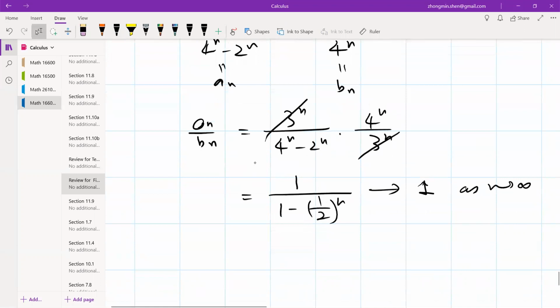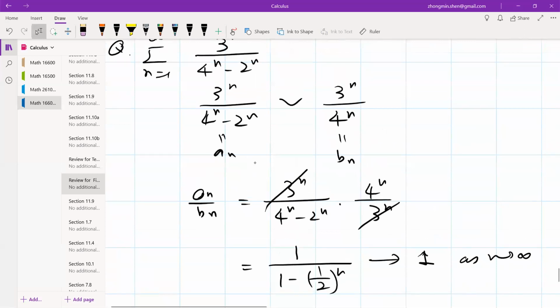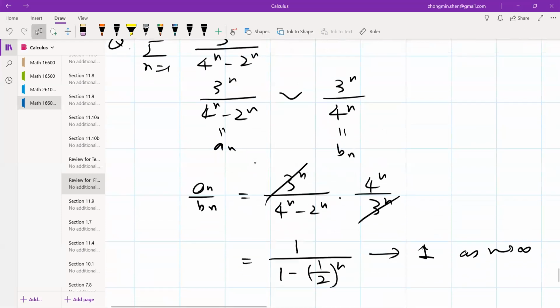All right, so the limit is going to be 1. Therefore those two series have the same convergence.